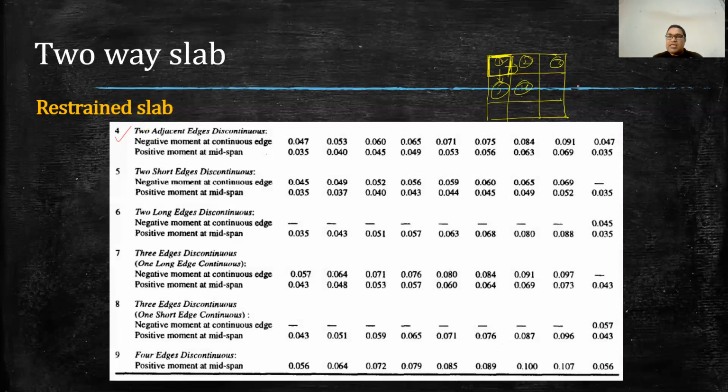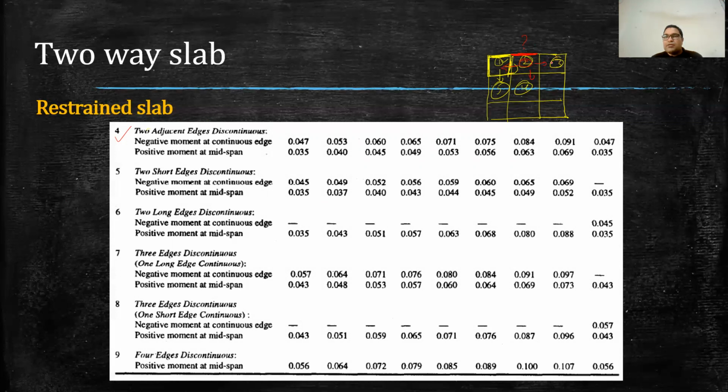Now in this case, I have discussed case 1. Similarly, if I talk about case 2, I mean slab 2, you can see slab 2 has one edge, this edge, which is discontinuous. There is no slab here, but the other three edges, like this one and this one, are continuous.